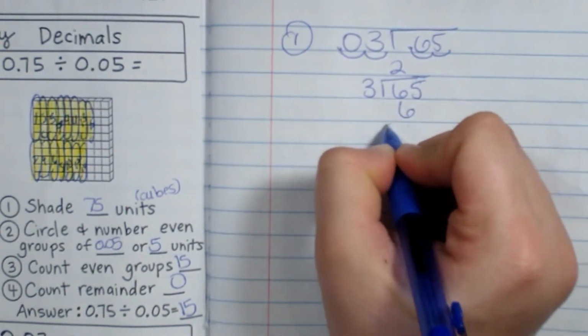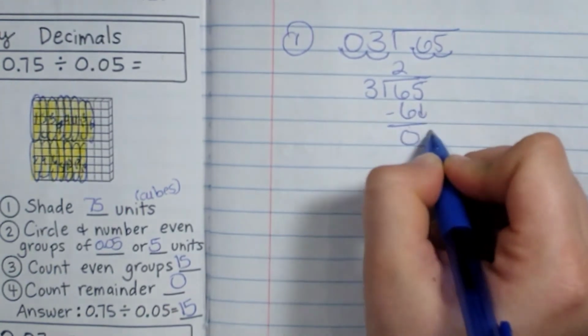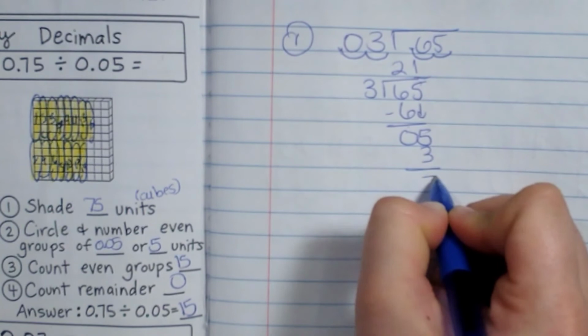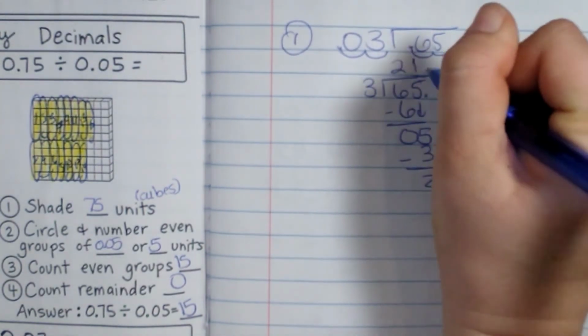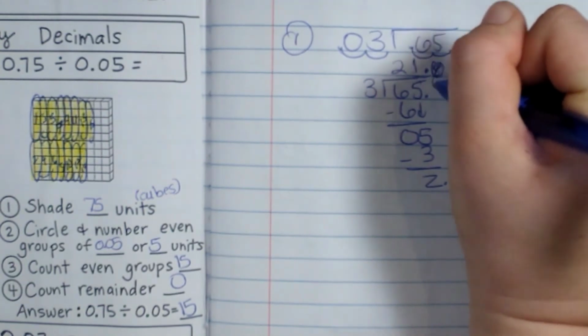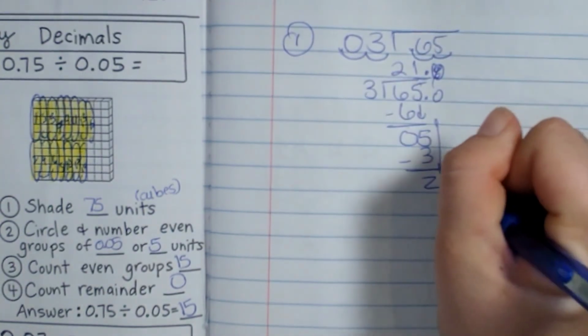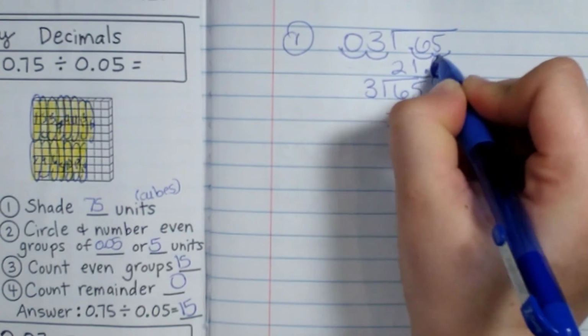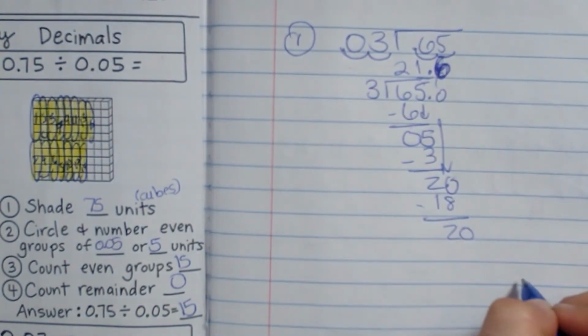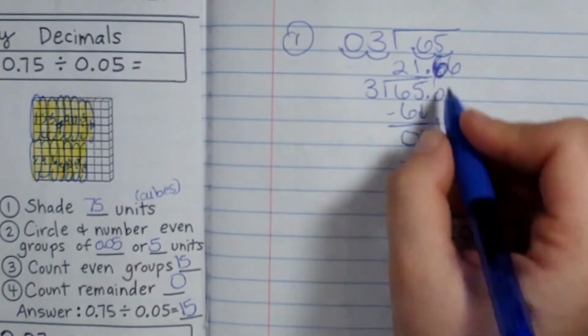So I have 6. That is 1, and I have a 2 left over. Okay, well, if I was to get my decimal point, bring a 0 down, it'd be 20. It would go in 6 times.